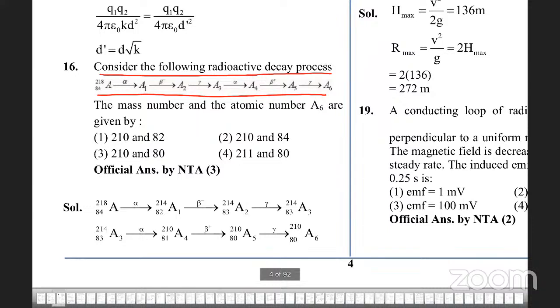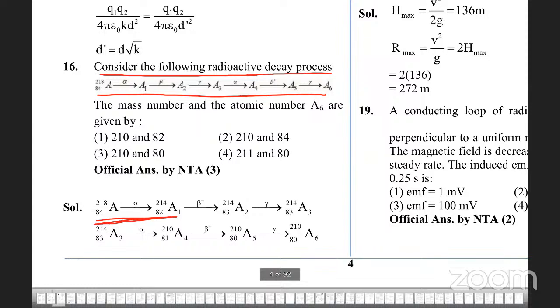Here, in alpha decay, beta decay, gamma decay, you have to understand what happens when there is alpha decay. In case of alpha decay, mass number decreased by 4, atomic number decreased by 2. That's what we can write.